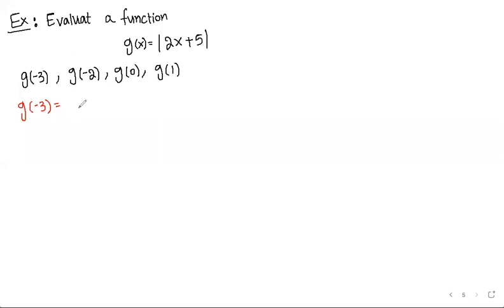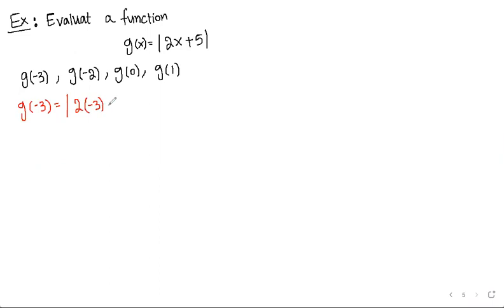So 1. It's 1. So you plug the minus 3 inside this function. So I get 2 times minus 3. By the way, the absolute value turns everything negative to positive, and the positive stays positive, and 0 stays 0.